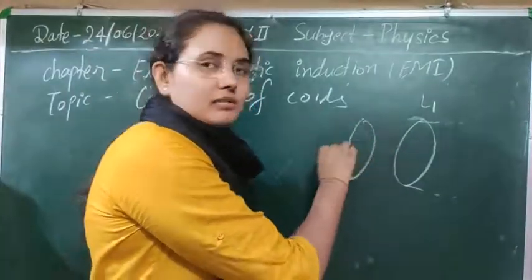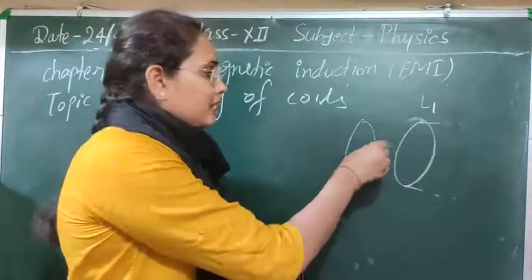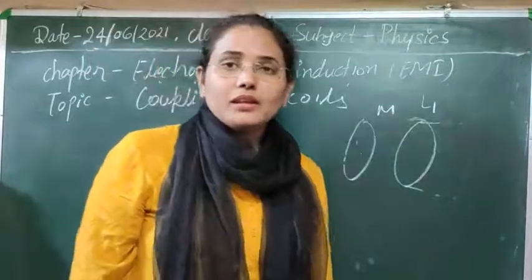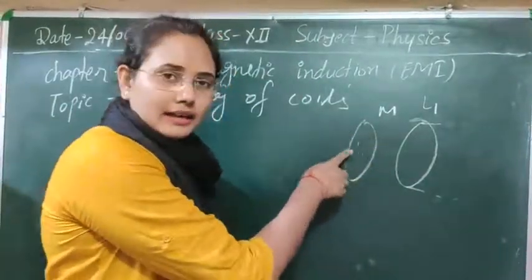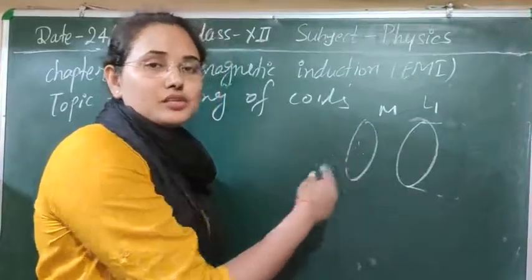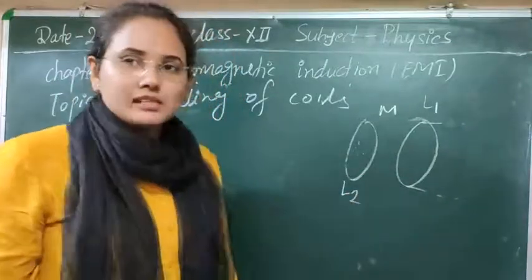As induced EMF and current are generated in this coil also, we get mutual induction between these two coils. Now suppose in this coil we connect the battery and current I is flowing, then due to that current, flux is changing and we get induced EMF, so it should also have some self inductance.